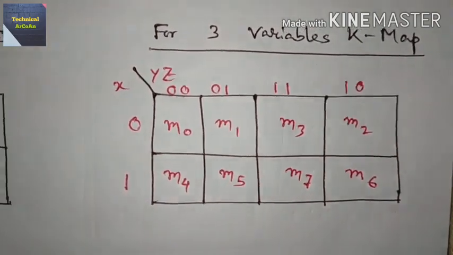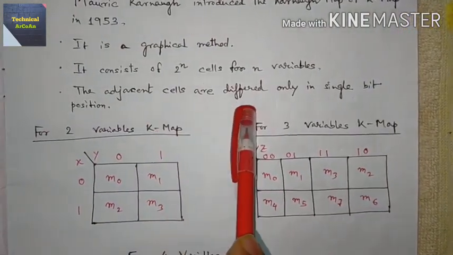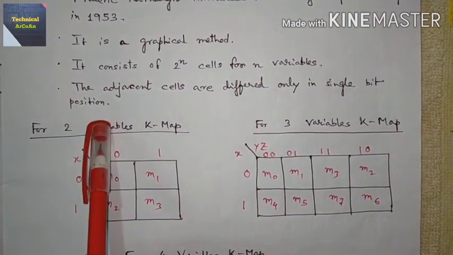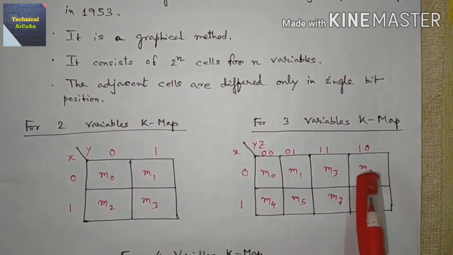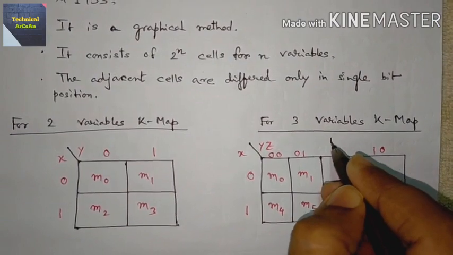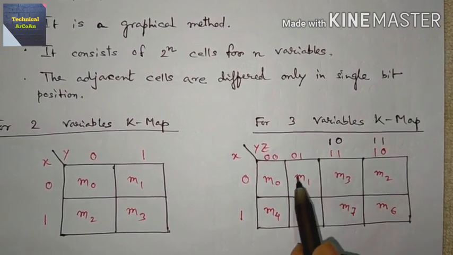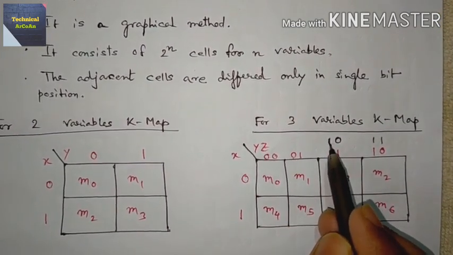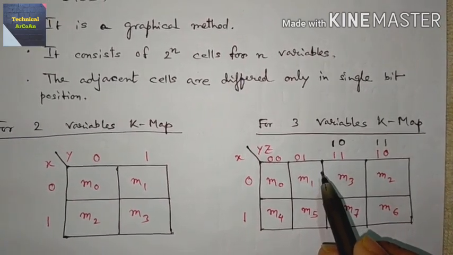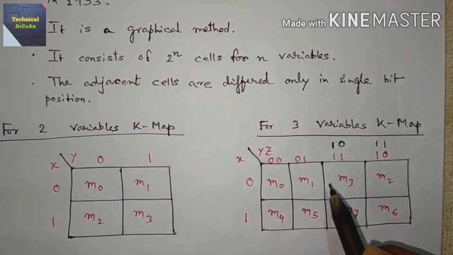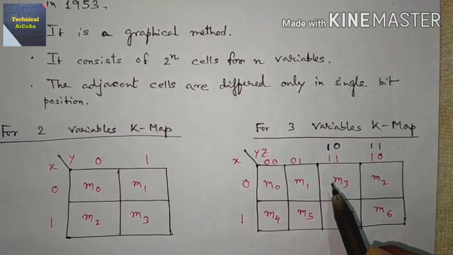Because of the rule I already mentioned: adjacent cells differ in only a single bit position. For example, suppose there is 1 0 and there is 1 1 in the next cell. Between these two cells, 0 is changed into 1 and 1 is changed into 0. That means more than one bit position differs, so it is not allowed in a Karnaugh Map. Only a one bit change is required.